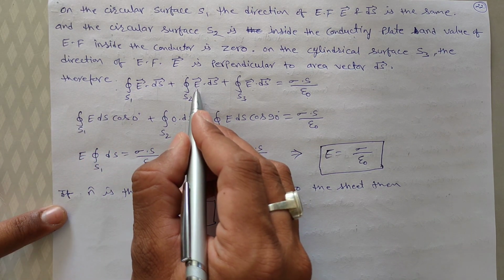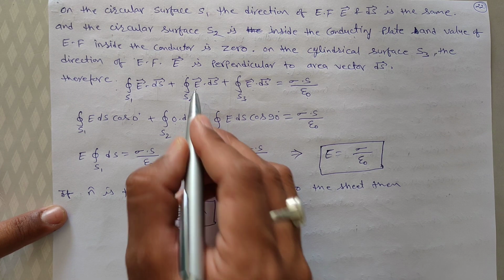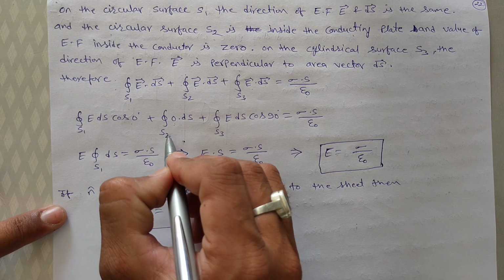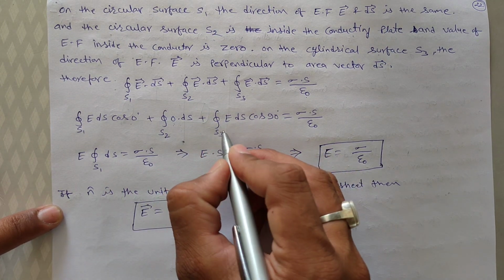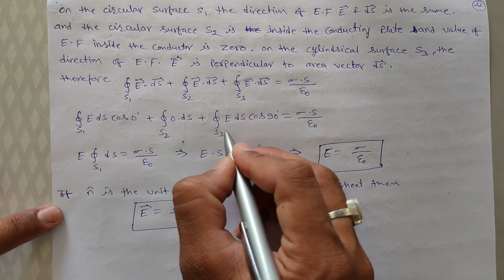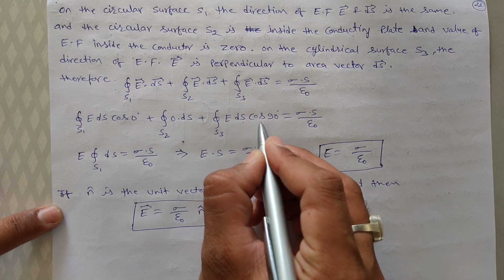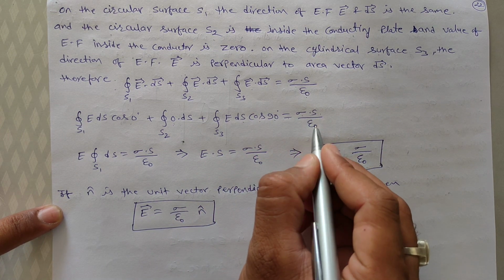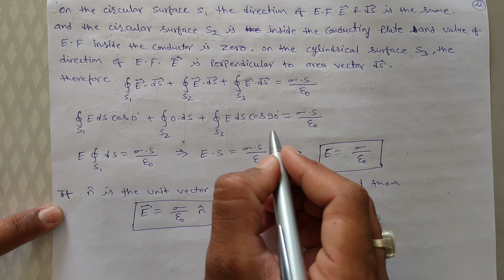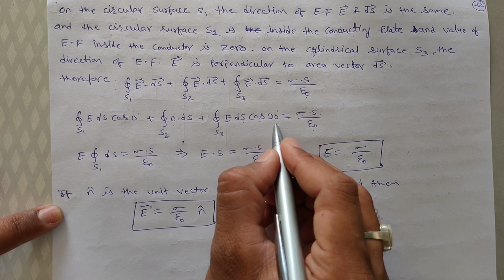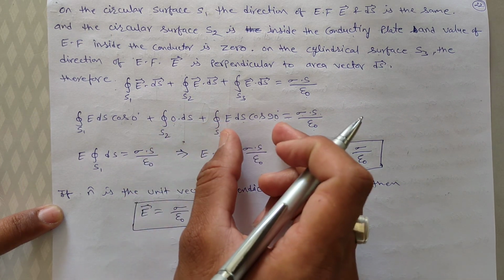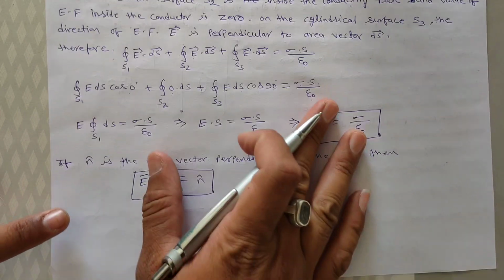For S2, the value of electric field is 0, so we put that value, plus closed surface integral for S3 E dS cos 90 equals sigma into S upon epsilon naught. We know that the value of cos 90 is 0, so this term and this term become 0.